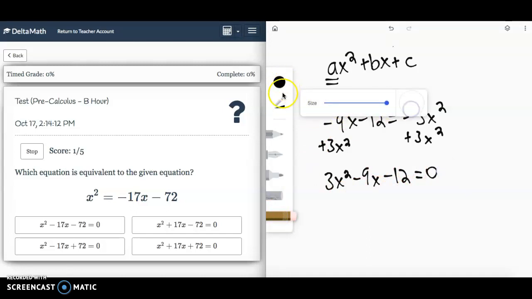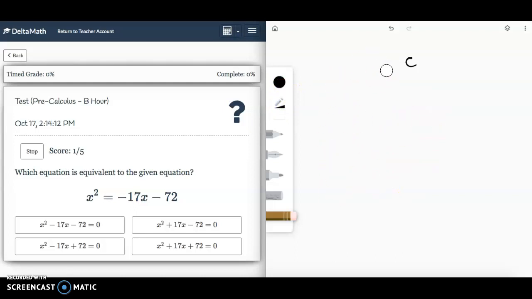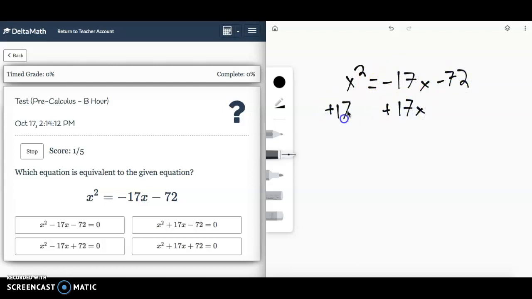All right, let's do this next one as well. For this problem, I have x squared equals negative 17x minus 72. I need to get it equal to 0 first. My x squared is already positive, so I'm just going to move over this negative 17x and this negative 72. I'll add 17x to both sides, and then I'll get x squared plus 17x equals negative 72.